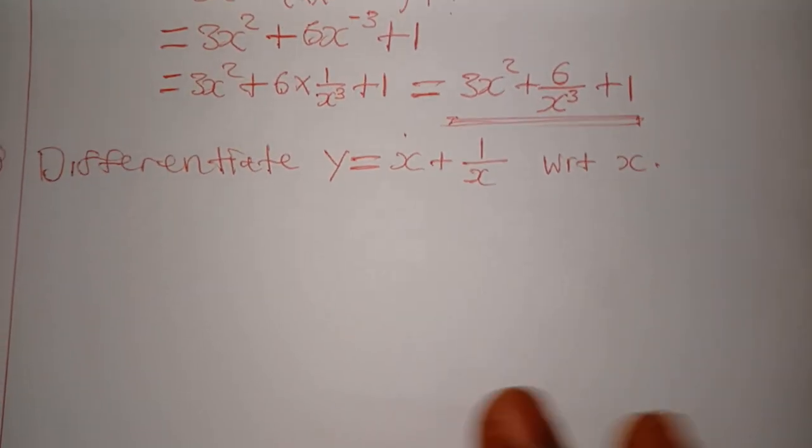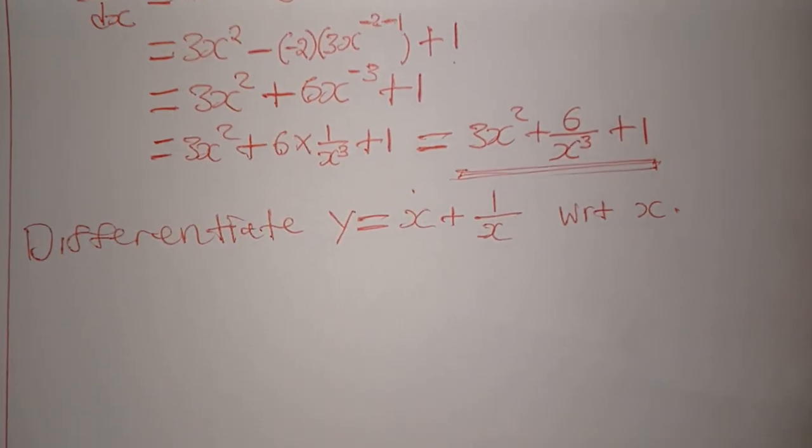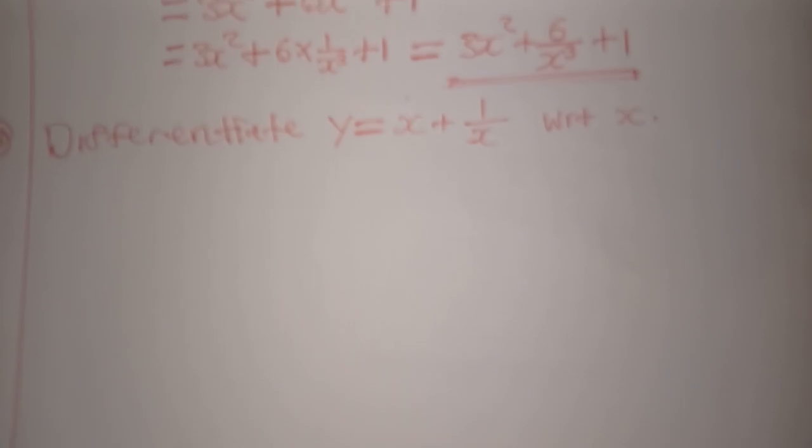Then the other question, the final question that I have, I wanted you to do it on your own, but then I'm going to help you with this one since it has a fraction. Like I showed you, you need to convert it back to the original before you proceed with the dy dx.